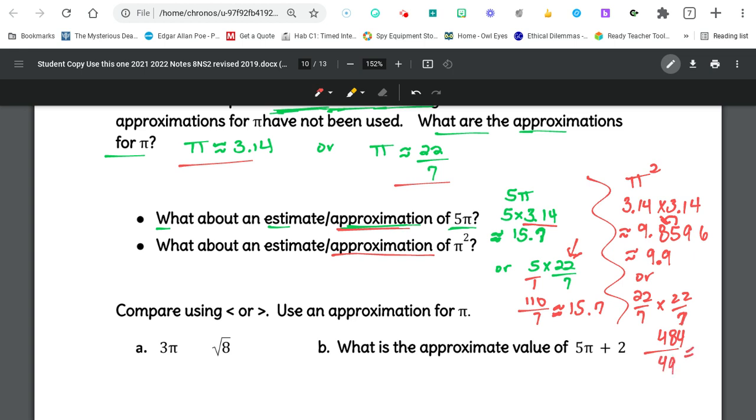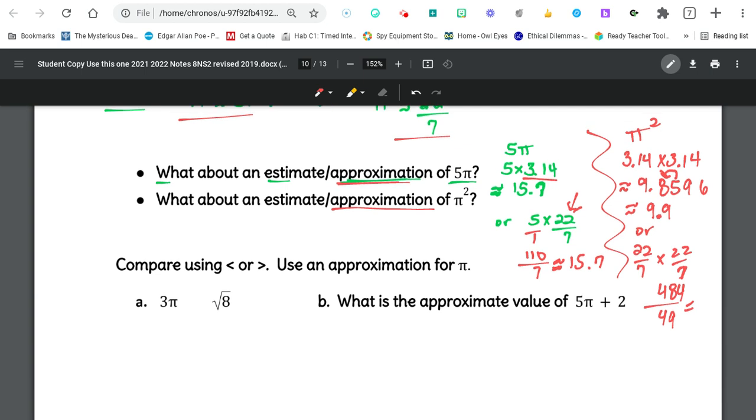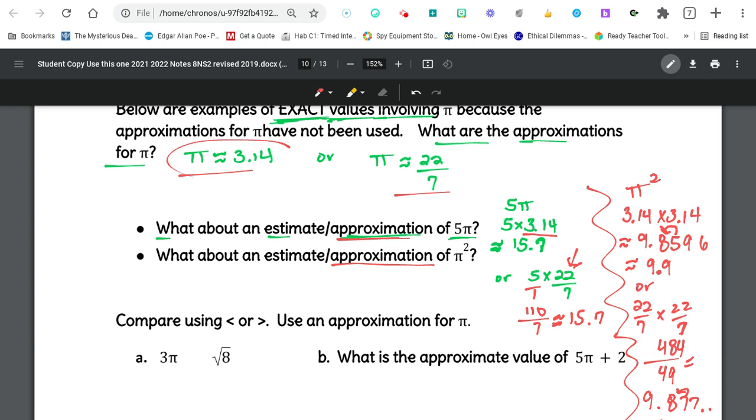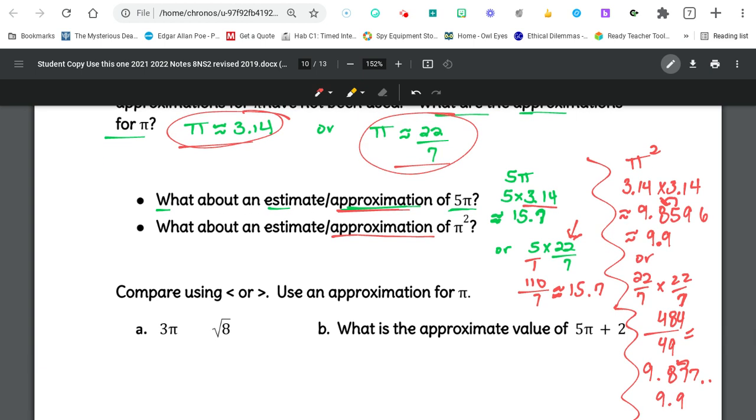And when you divide that out, you get 9.877, blah, blah, blah. That 7 tells that to go to a 9 if we approximate it to the nearest tenth. So again, I don't care if you use the decimal form of pi or the fraction form for the approximation of pi. You're going to get around the same answer.